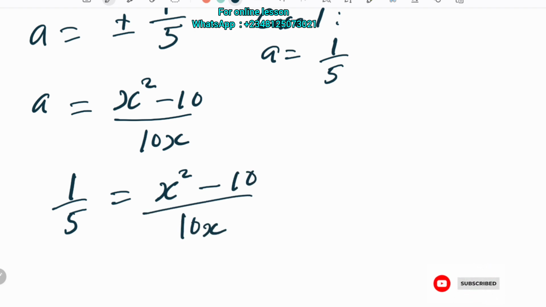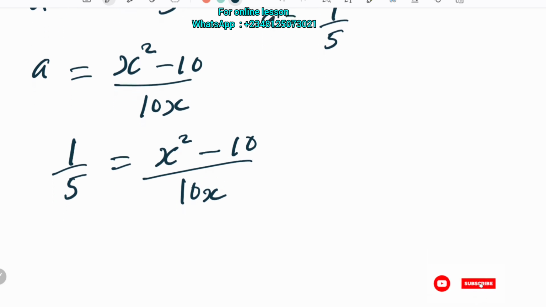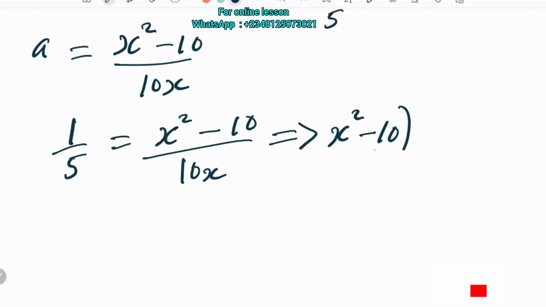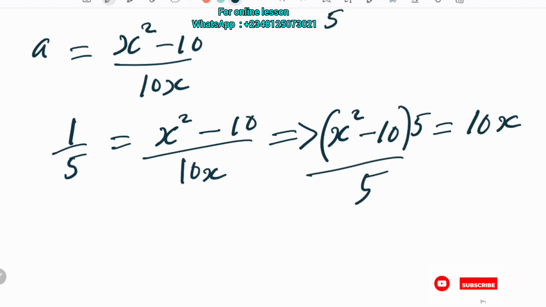So it will now imply that 1 over 5 equal to x squared minus 10 all over 10x. So we can multiply both sides by 10x, or you cross multiply. If you cross multiply, we're going to have x squared minus 10, then multiplying by 5 becomes equal to 10x. So we can divide both sides by 5 now, to reduce the work so that we don't multiply. 5 cancels this, gives us 2.